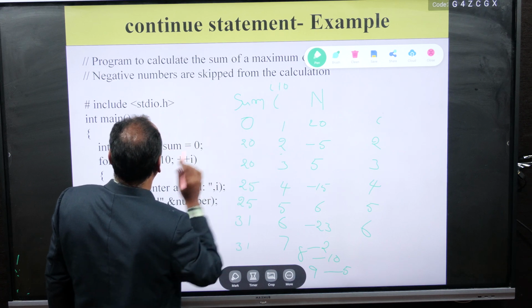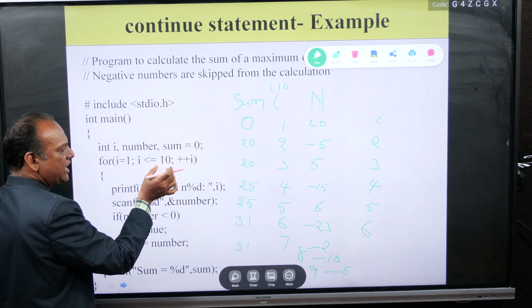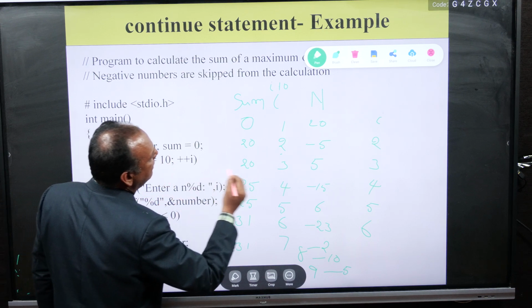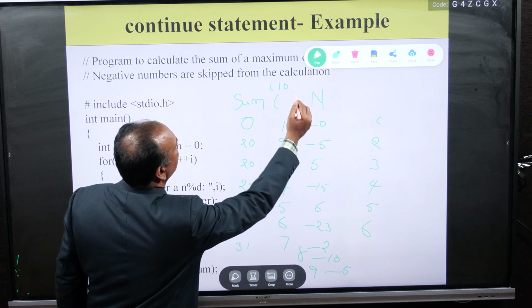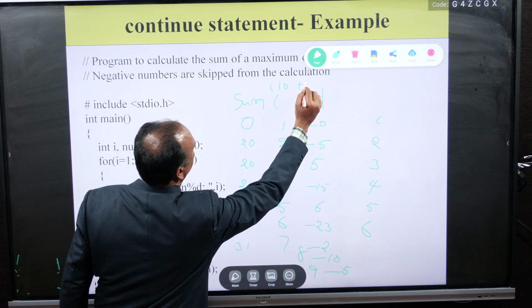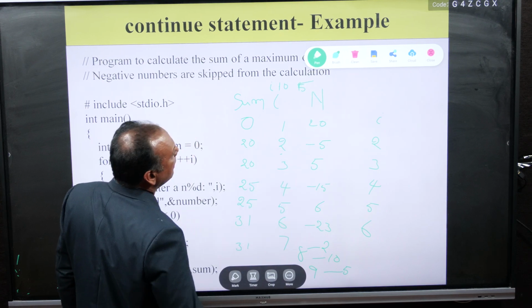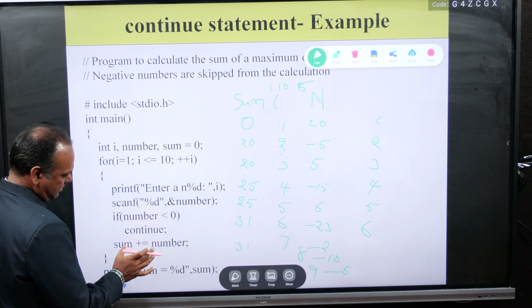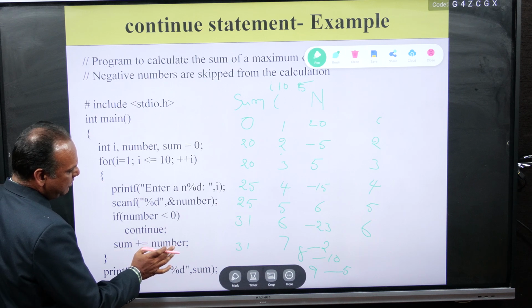Now I is 10, and the condition 10 is less than or equal to 10 is true, so the group of statements will be executed. Now the 10th value I am going to give is plus 5. The 5 is a positive number, so the sum statement will be executed.